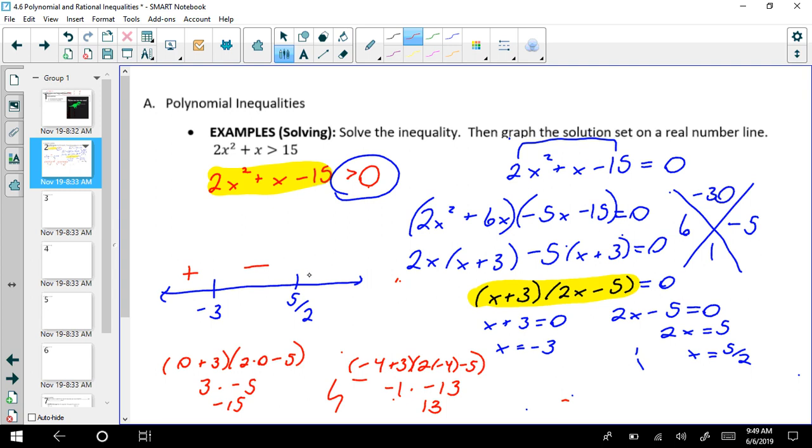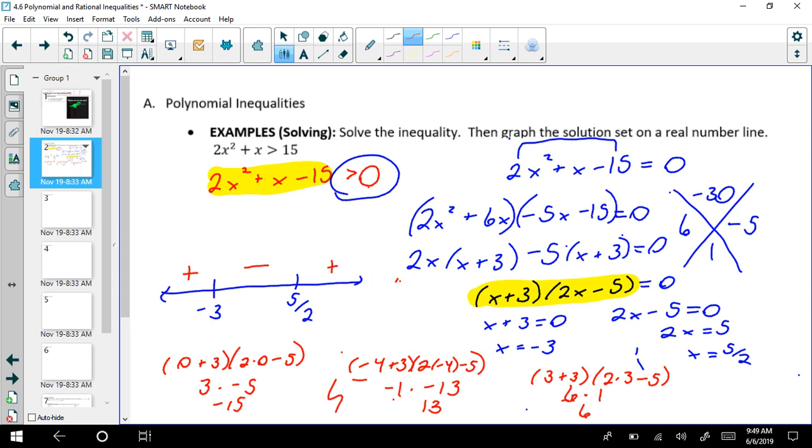And then I'd like you to pick something greater than 5/2. Because that's 2.5, I'm going to pick 3. So if I plug 3 in for the x's, I get 6, and the other guy would come out to 1. I get a positive number out.